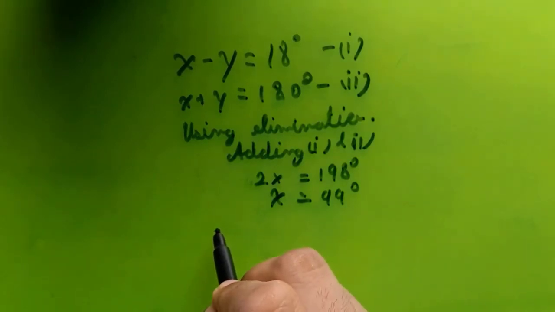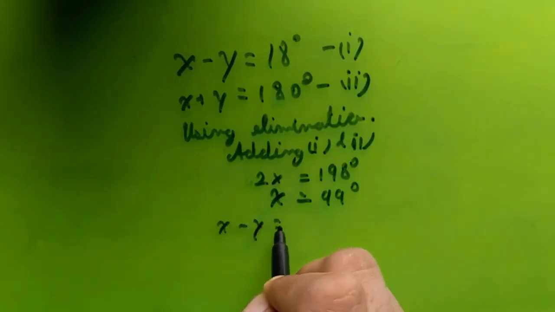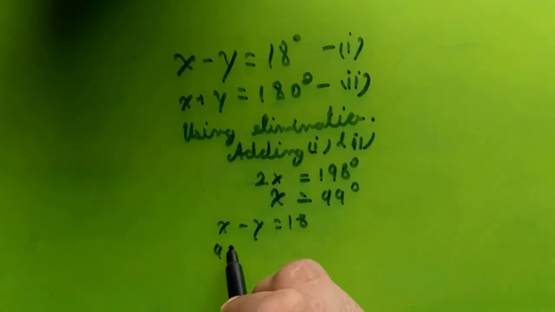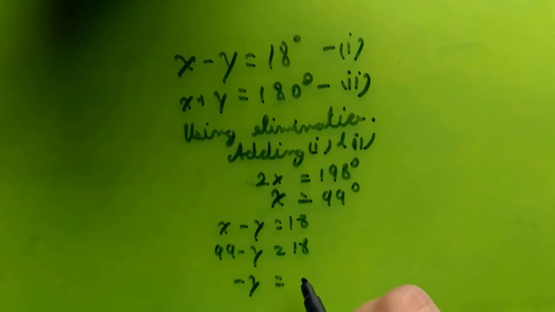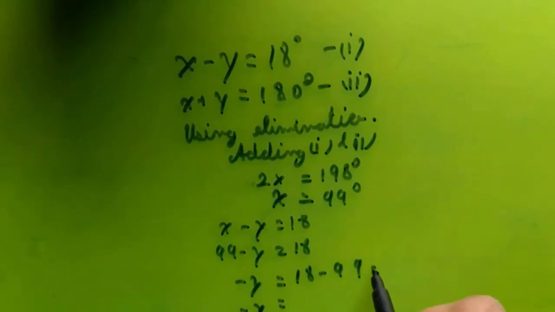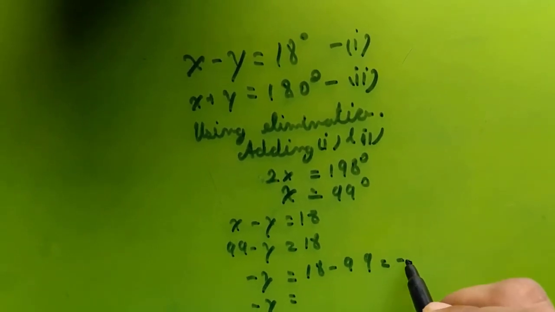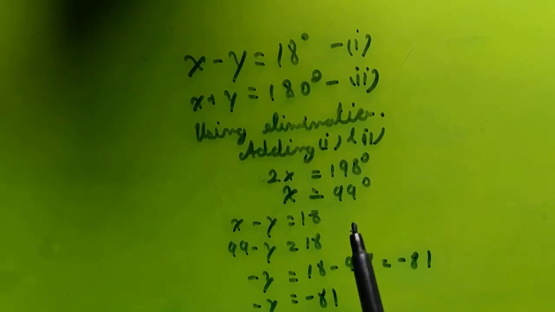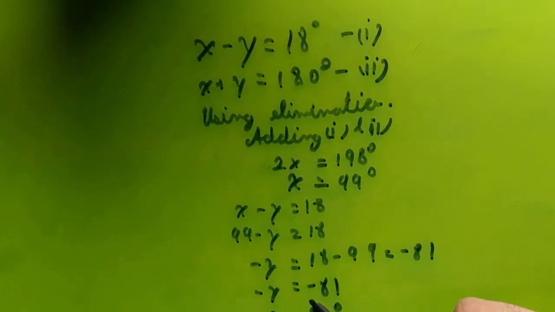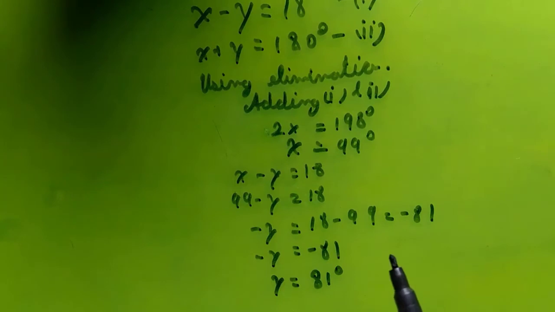We know that x minus y equal to 18. 99 minus y will be equal to 18. Minus y will be equal to 18 minus 99, which will be equal to minus 81 degree. Therefore, y equal to 81 degree. Hence, the larger angle is 99 degree and the smaller angle is 81 degree. Next question.